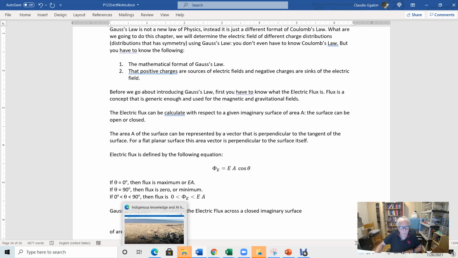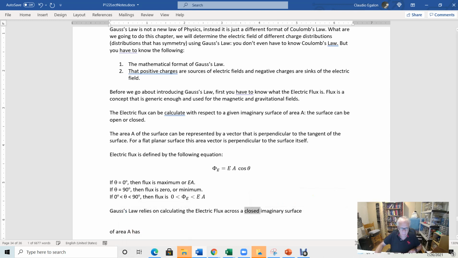It's gotta be closed, not open like the other one. An imaginary surface that encloses an electric charge.